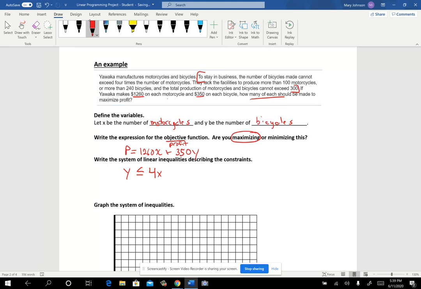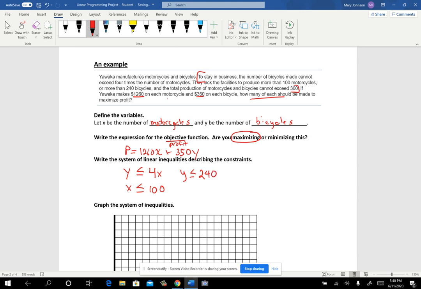Then they say they lack the facilities to produce more than 100 motorcycles. Motorcycles was X. So they can't do more than 100, so X has to be less than or equal to 100. Similarly, they can't do more than 240 bicycles, so the number of bicycles has to be less than or equal to 240.